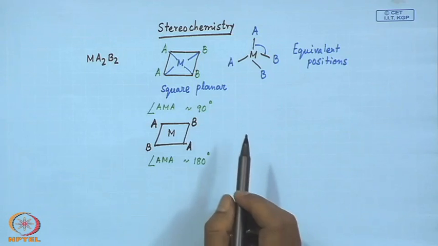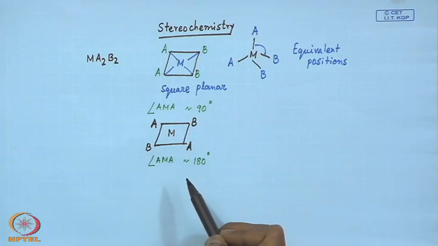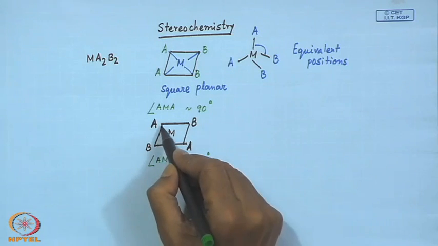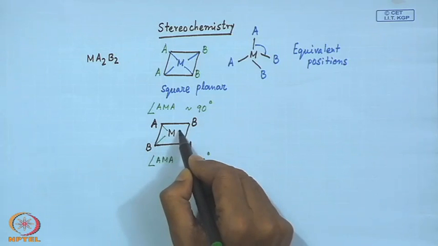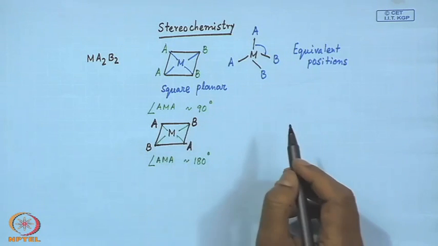So, this spatial arrangement can give rise to two different isomeric arrangements.